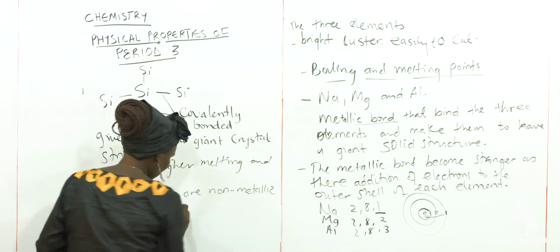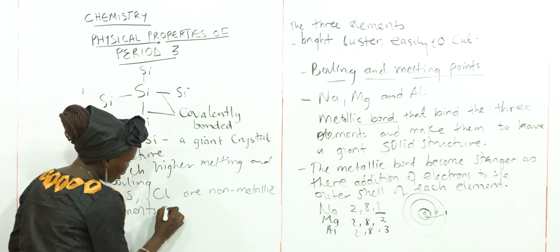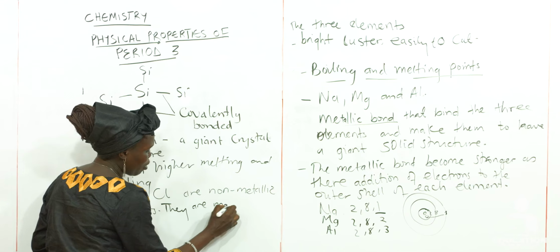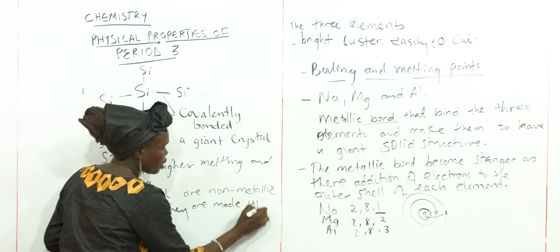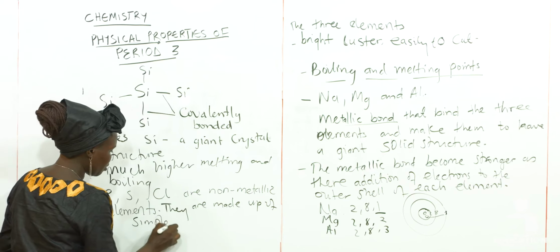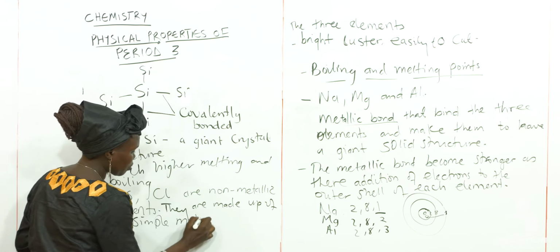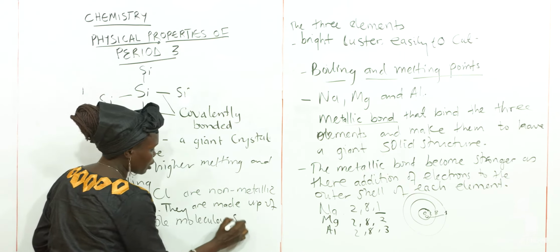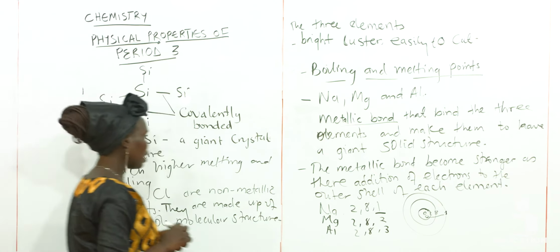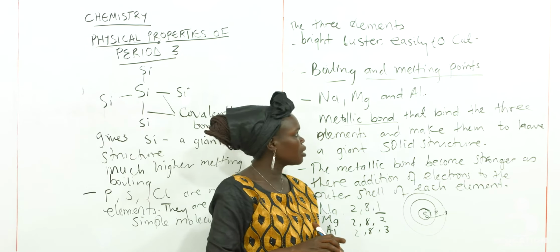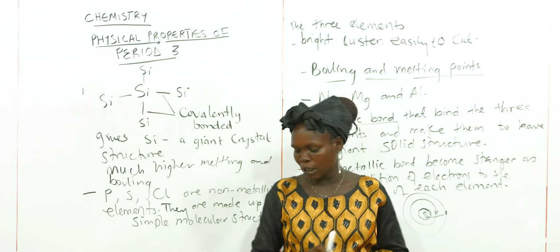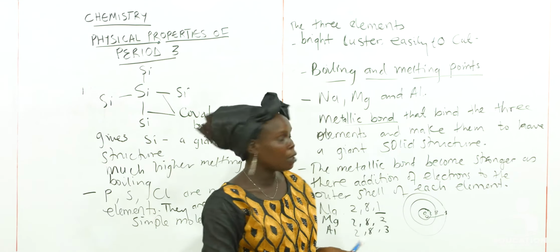So their structure is made up of simple molecular structure. It is not like the giant structures of the first 3 elements, which are sodium, magnesium, and aluminium.